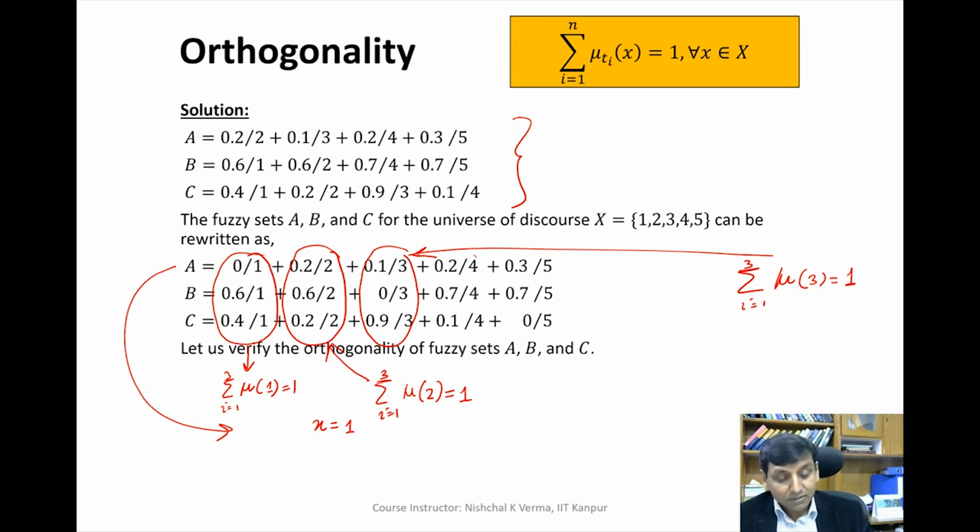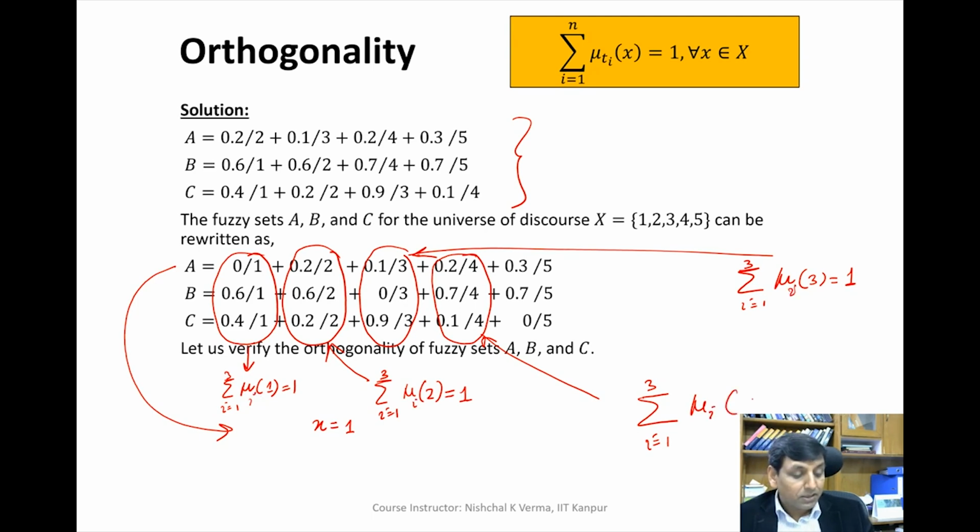Similarly, for the generic variable value 4, when we sum this, i equal to 1 to 3 of mu i.